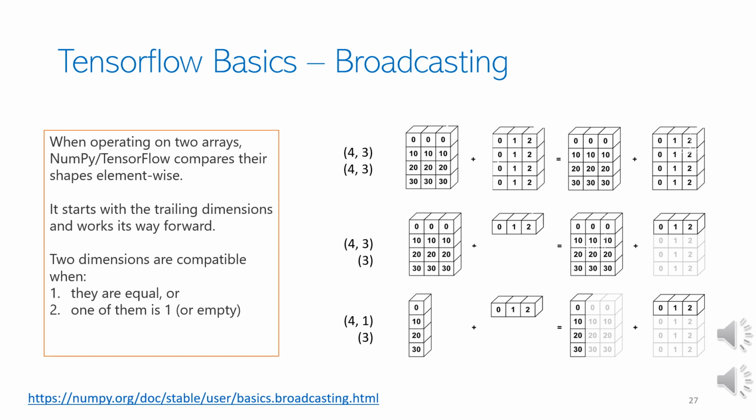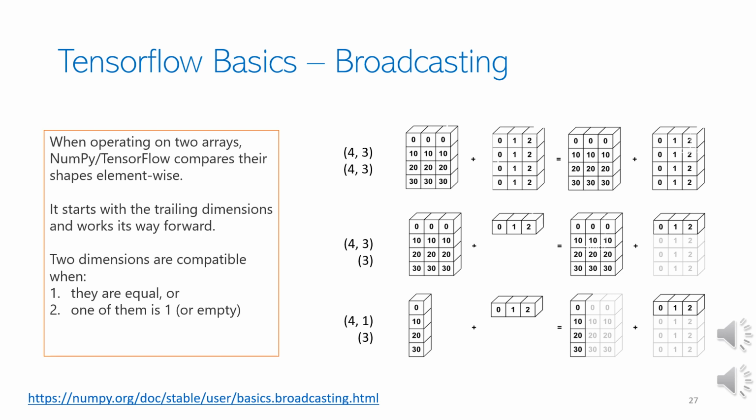So this is very useful if you want to add, for example, a vector or an array to each row of another array. Here, let's say we have a matrix and we have a vector, and we want to add that vector to each row of this matrix. We can use broadcasting instead of manually repeating this. TensorFlow will take care of this repeating.